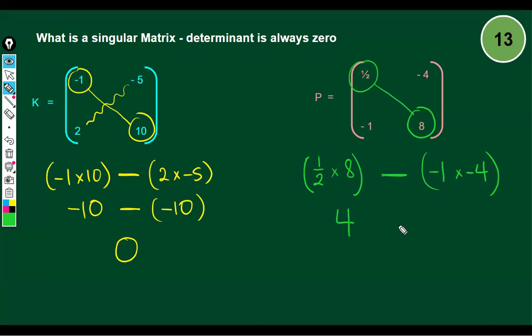A half of 8 is 4. Put your minus sign. Minus 1 by minus 4 is plus 4. Yeah, you're going to get 0. Both of them are singular matrices, right? Don't let fractions get to you. So take 20 seconds, take this down, and I think I have one more question on singular matrices.